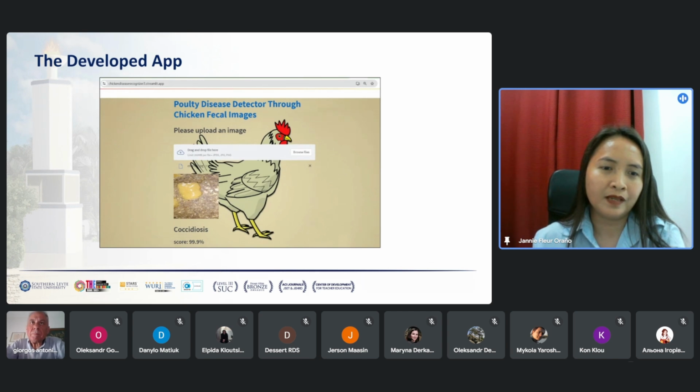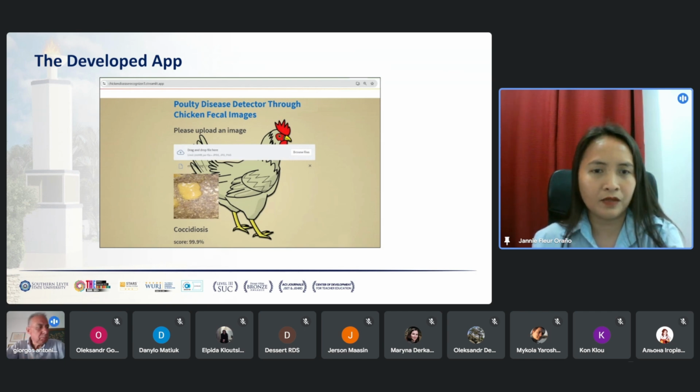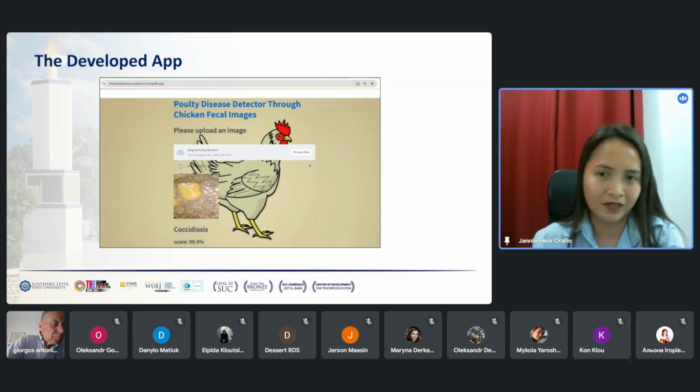This app is just a simple app for testing the model. It requires the user to upload an image, and then based on the uploaded image, it will classify the image accordingly, referring to the different diseases of the poultry presented a while ago, and whether the given image is healthy or not.